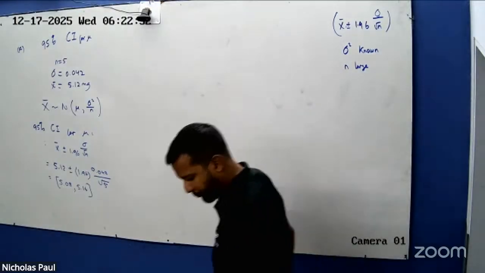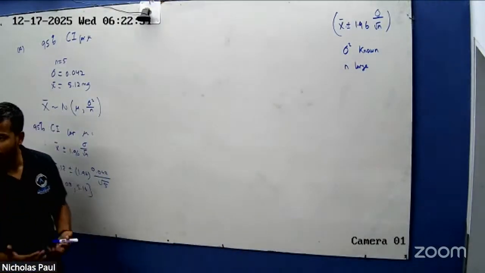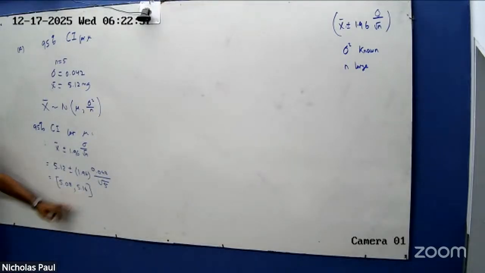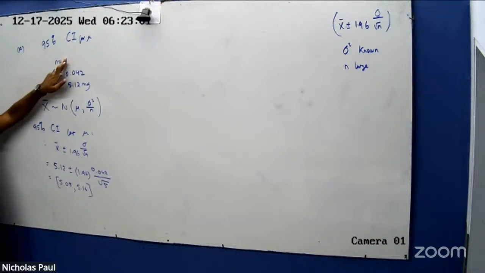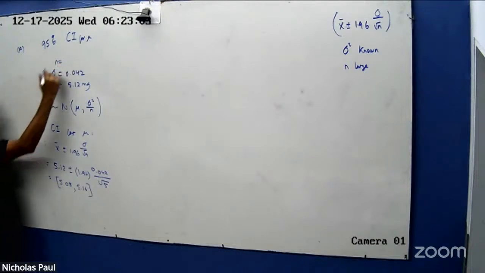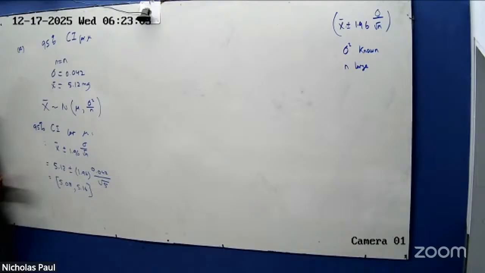Suppose, and that question could come in different ways, suppose I give you the boundaries, but I don't give you n. Can you work backwards and find n?